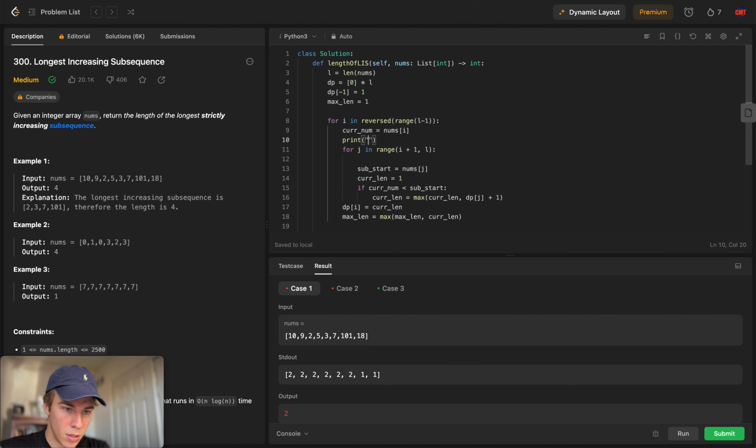Print cur num, and let's also print secret array, which is just going to be nums with I plus 1 and L.